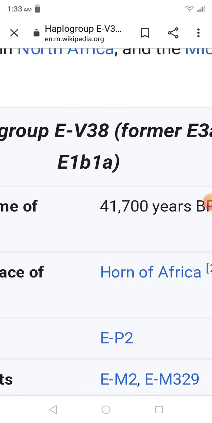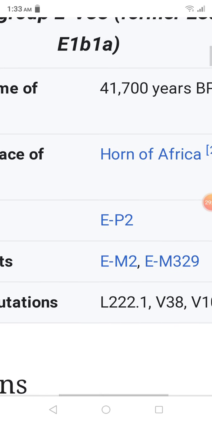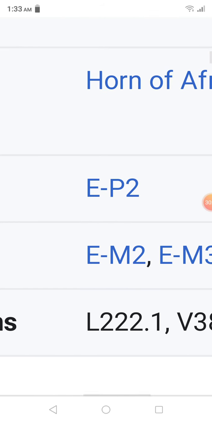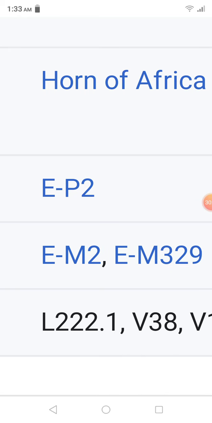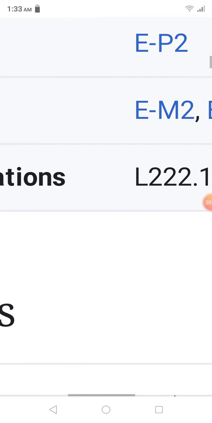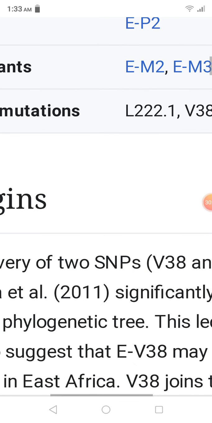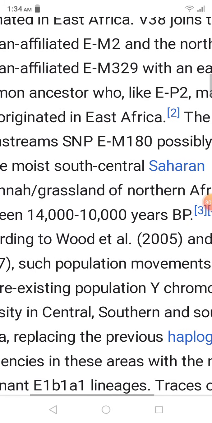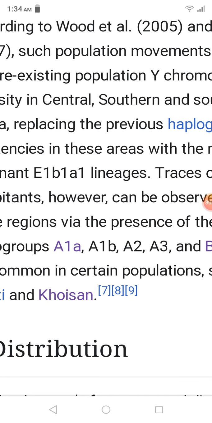But often you'll see this right here, like I said before, E-M2, and then you have this one, E-M329, and then you have all these others. Because sometimes they like, oh, we can't.